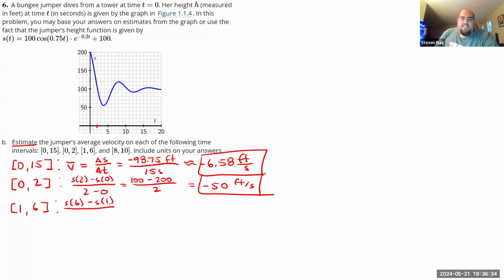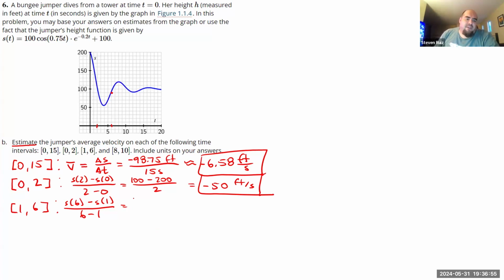Remember that I said in the previous video, the average rate of change really is a slope calculation across two different points. So I'll do S of 6 minus S of 1 over 6 minus 1. Let's estimate what the position is at 6 seconds. Looks like we're a little bit less than 100. I think we can say 90.